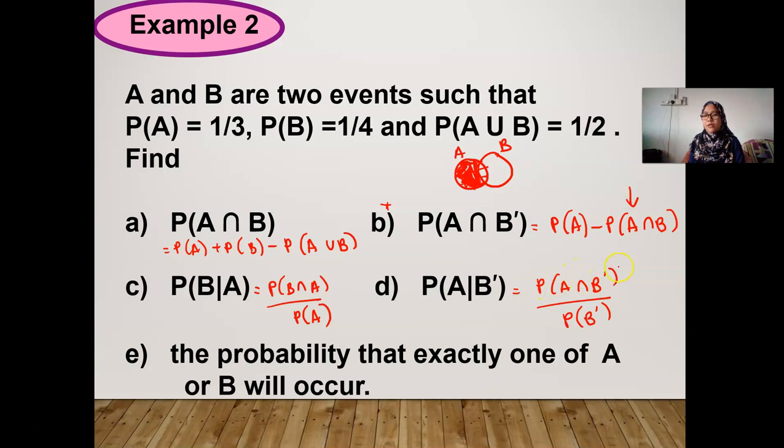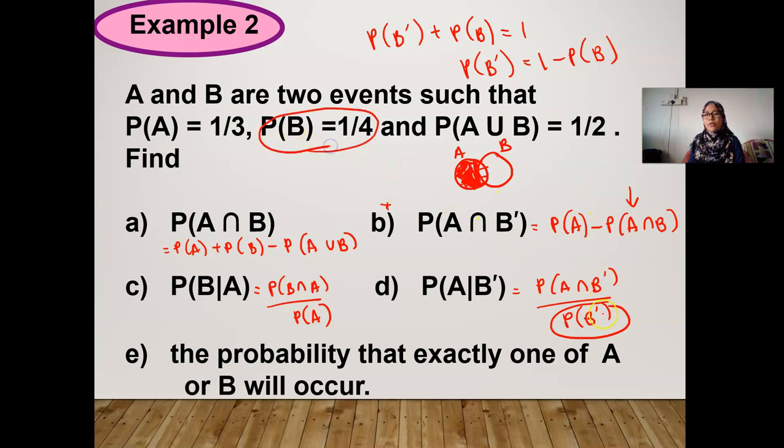So the numerator, the upper part, you get from the answer from B. P(B') the complement, still remember, P(B) plus P(B') equals 1. So P(B') will be equal to 1 minus P(B), so 1 minus 1/4. So you will get this answer down here.